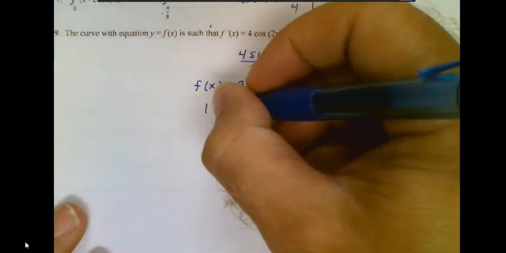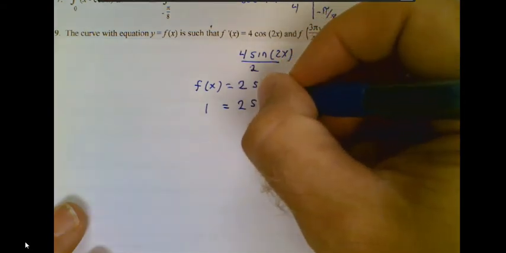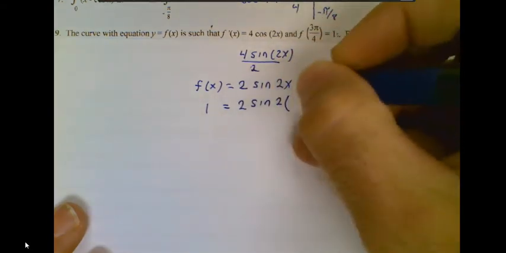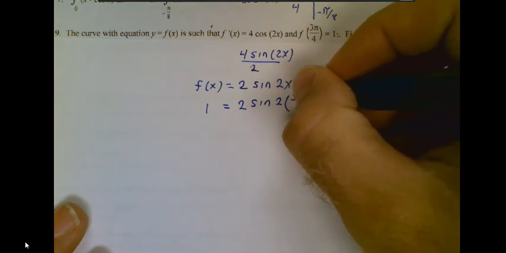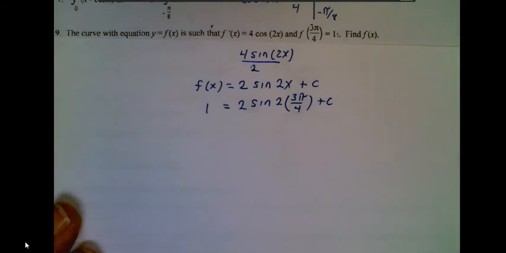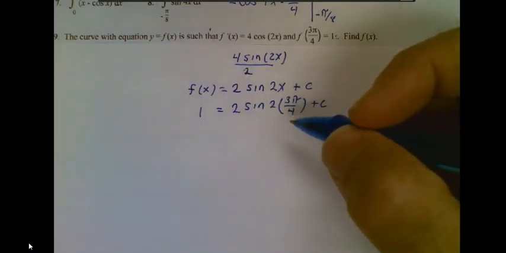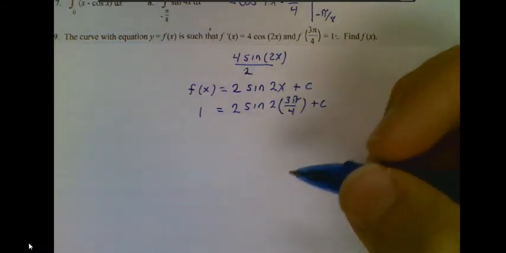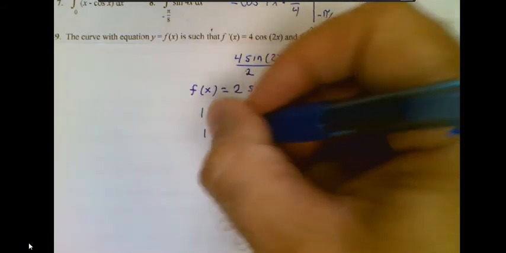So a little substitution here. Replacing the x with 3 pi over 4. So a little cleanup right here. If we reduce, that becomes 3 pi over 2.